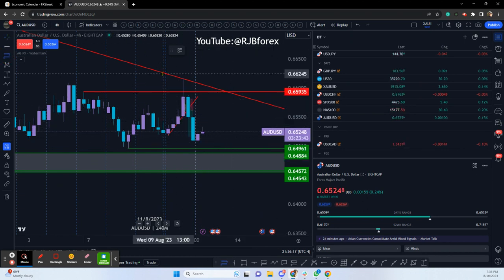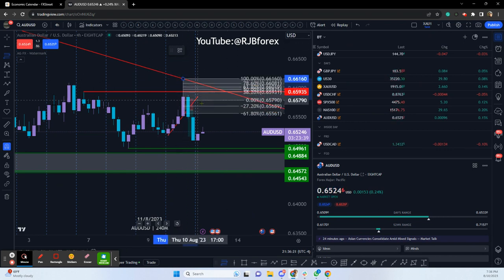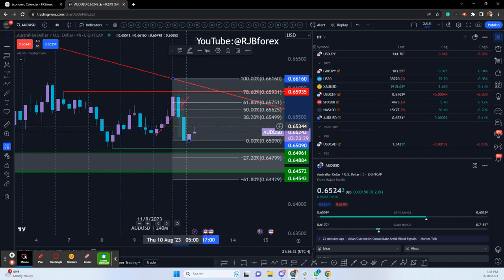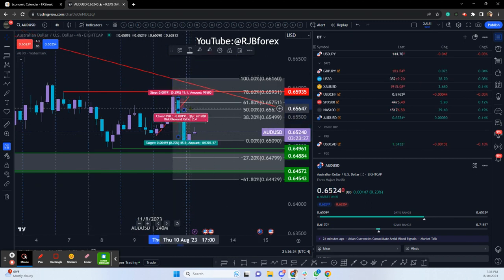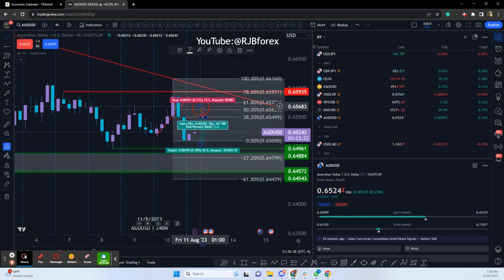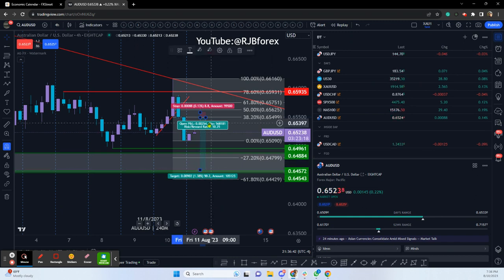We might need this correction as the dollar sells off at the start of the day, start of Friday. We've got a 38.2 target of 65.50-ish, and we'll be looking to sell high for the downside continuation.